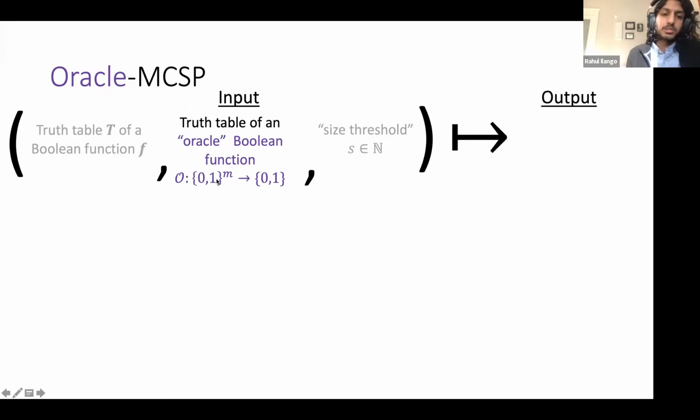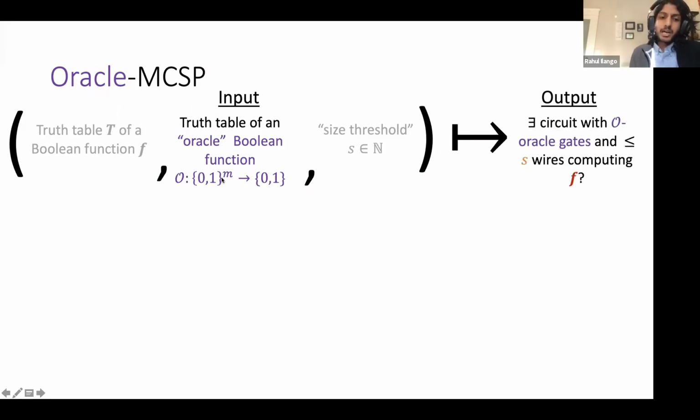It's not a language, it's a function. And now the question is: if you're given a gate that computes this oracle function for almost free, how hard is it to compute this function f? So does there exist a circuit with O oracle gates and at most S wires computing f? You can think of this as me expanding your gate set by adding in an extra function O.